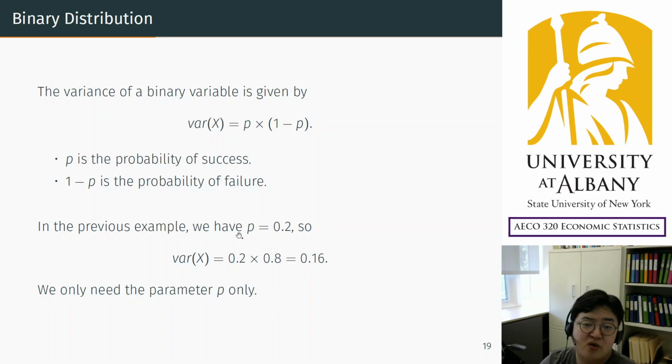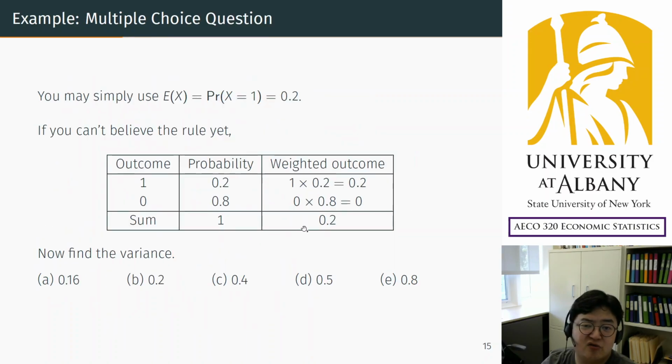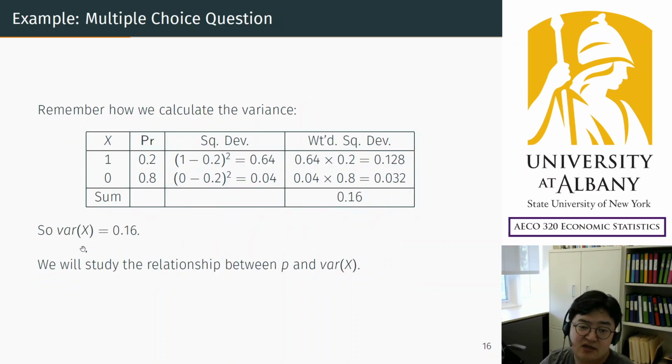As you can see, without this much calculation, you can answer this question by simply multiplying these two numbers. 0.2 times 0.8 equals 0.16. That is the answer, right? The formula is also true in this example.